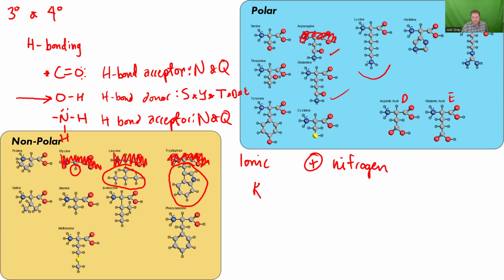Then another positive nitrogen. K, H, R, perfect. Now, which amino acids have those COOH or COO minus groups?